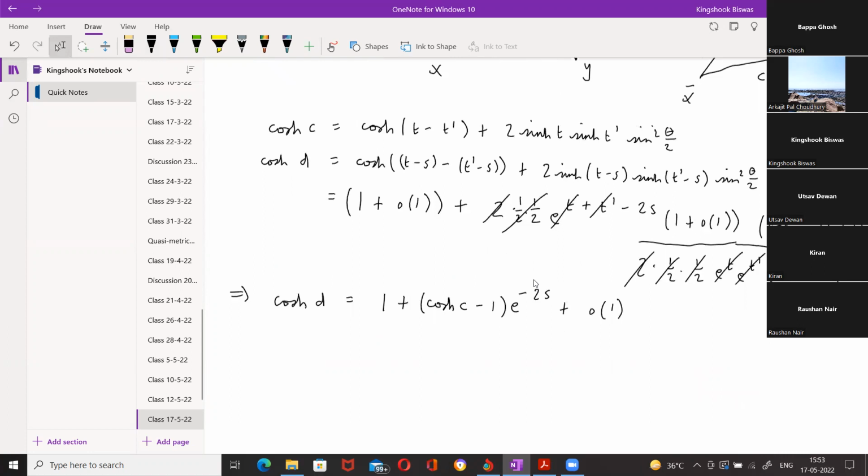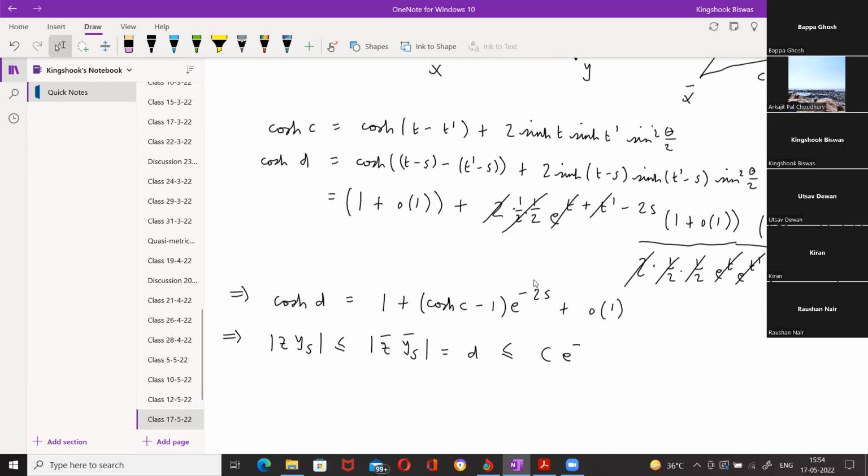Here s is fixed. So that means that the distance from z to y_s is less than or equal to the distance from z bar to y bar, which is equal to d. From this you solve for d, and so for s large it will be less than a constant times e to the minus s.